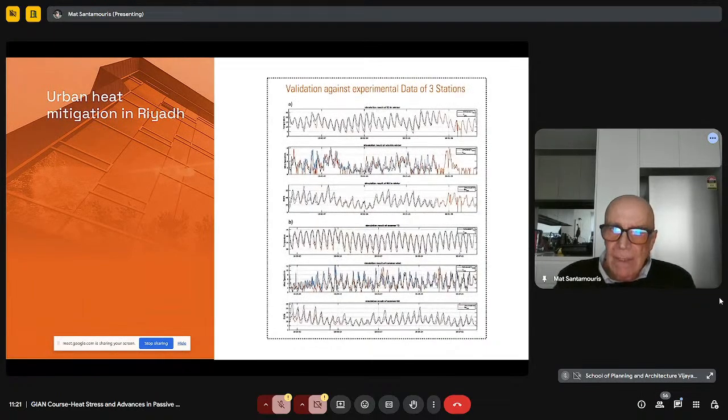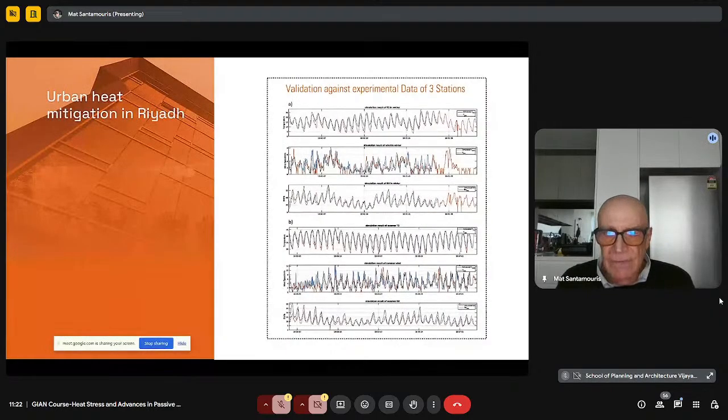And then we simulated for a whole year the distribution of the main climatic parameters over the whole city with a resolution of 250 by 250 meters, and we compared the results against the existing climatic data under the same boundary climatic and other conditions. And you can see the results of this comparison.